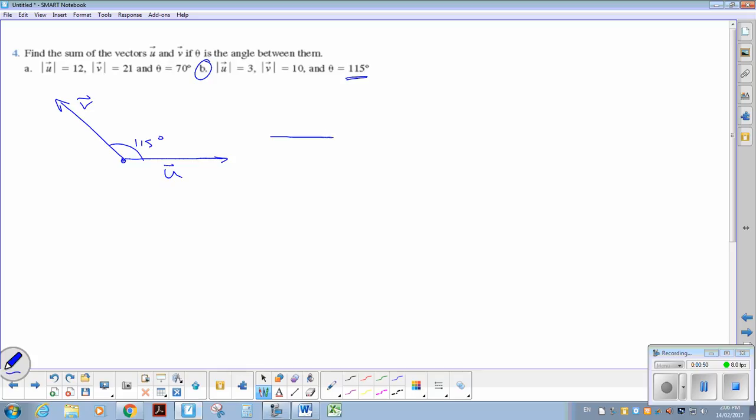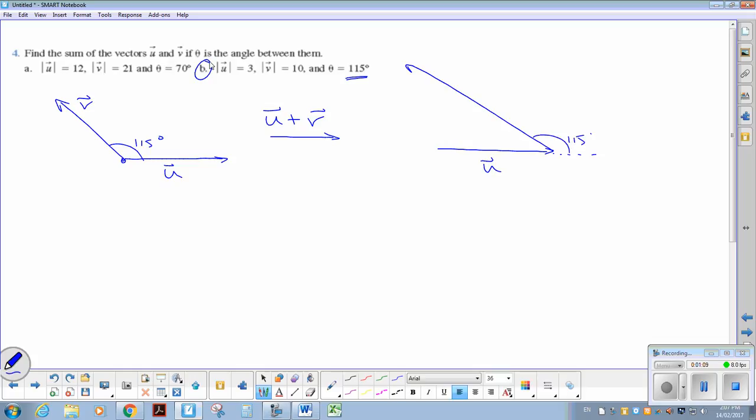So if I was to do the vector addition, that's what it's asking for, u plus v, I would draw vector u this direction, and then vector v is going to be over here because I've got to maintain that angle of 115, and the internal angle then becomes 65 degrees.